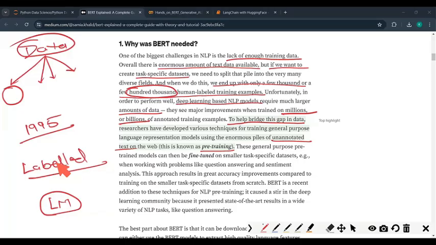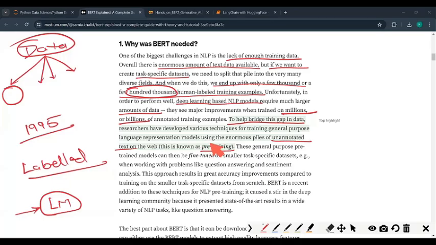We should not need to give the theme ourselves. We have to create such a language model which can go to a document, and if the labeling is not done, it should be able to read the entire document from left to right, right to left, and find out the theme itself.